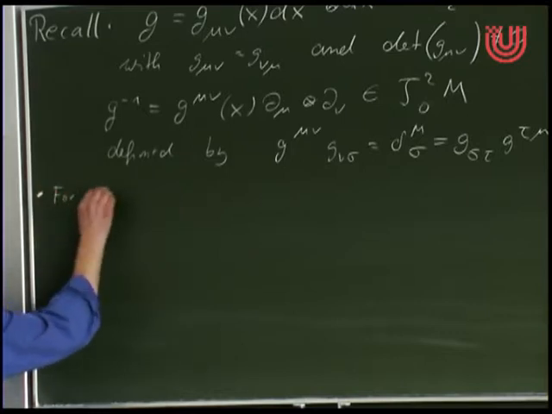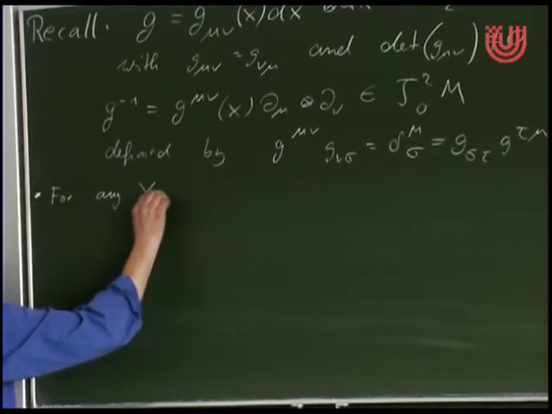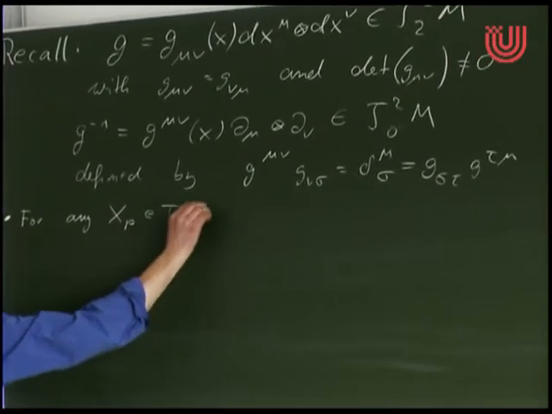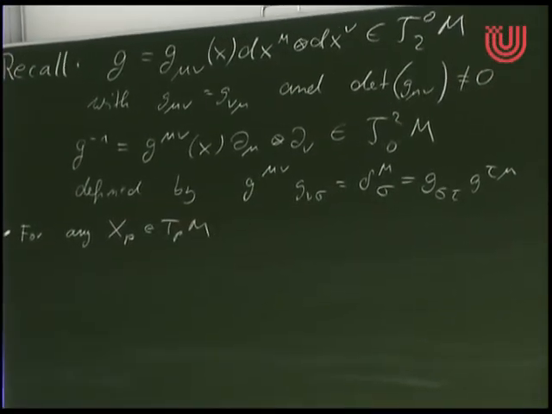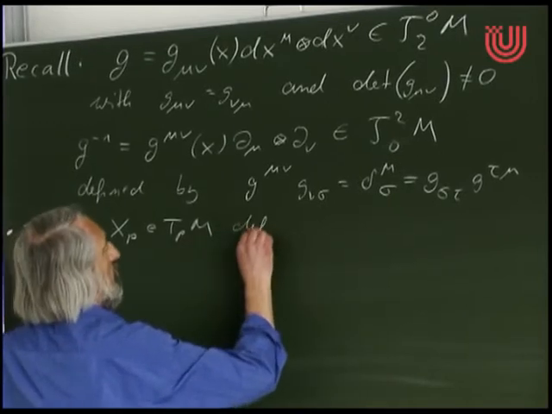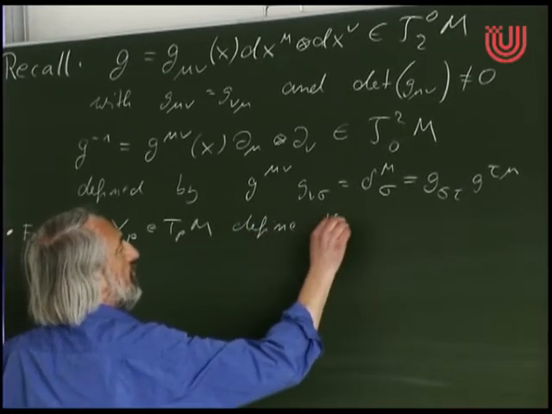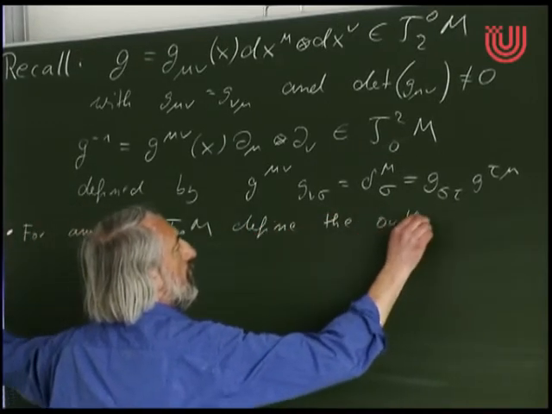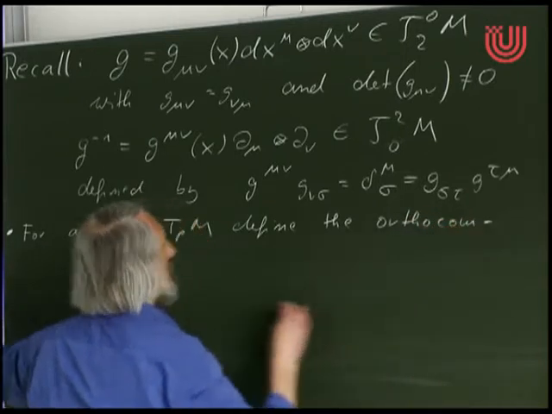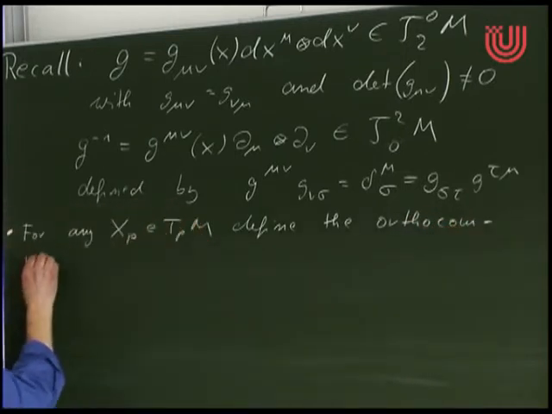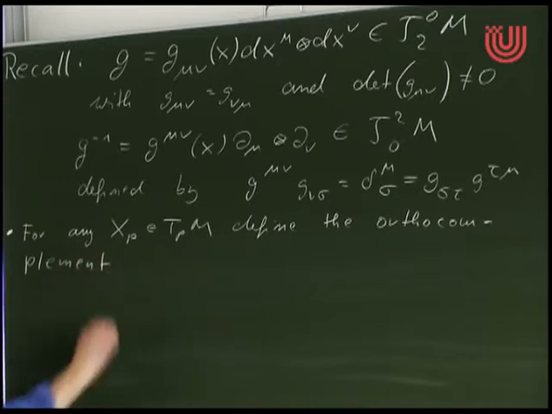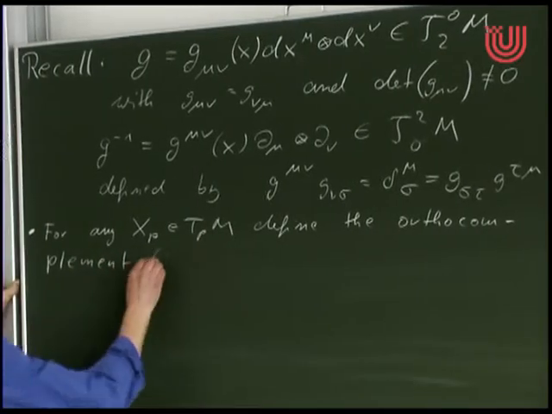Namely, for any vector X_p in the tangent space at a point p, we define the autocomplement. Complement, of course, this refers to the metric.